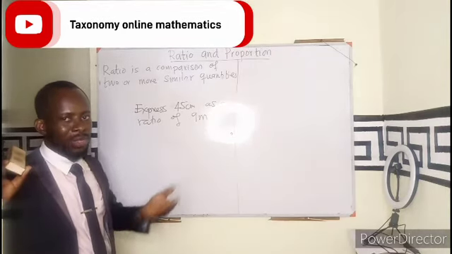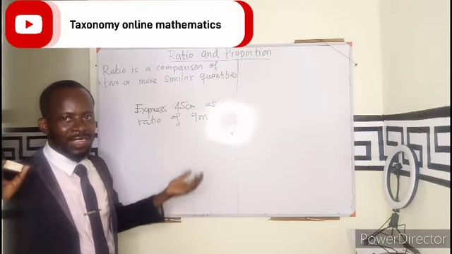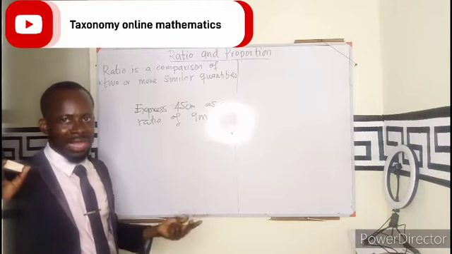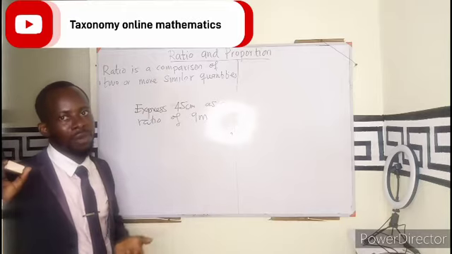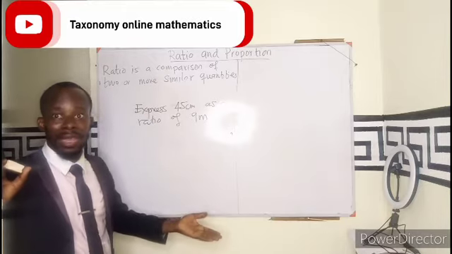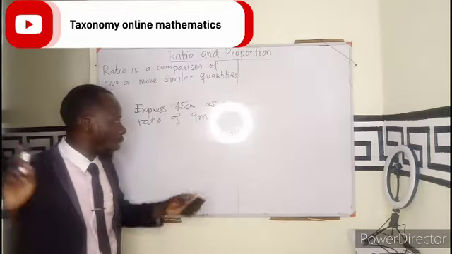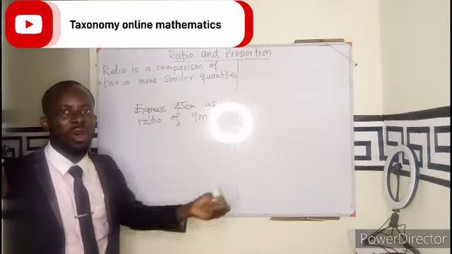We know measurement of length or distances is measured in centimeter, meter, millimeter, and so on and so forth. So we can see that they are the same quantities. They are all referring to the length of an object.